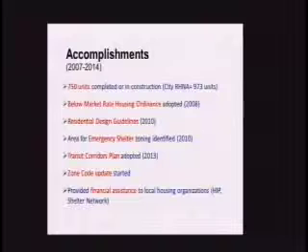Looking now at the accomplishments of the whole housing element period from 2007 to 2014, the city had a number of accomplishments, including, as I mentioned, 750 units completed. The below market rate housing ordinance was adopted, and we've also collected approximately $3.5 million in affordable housing in lieu fees, which can be used to assist affordable housing within the city.